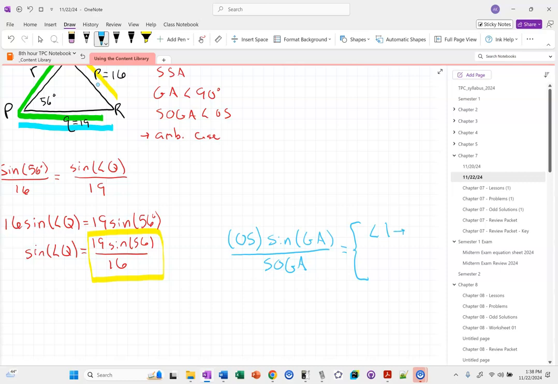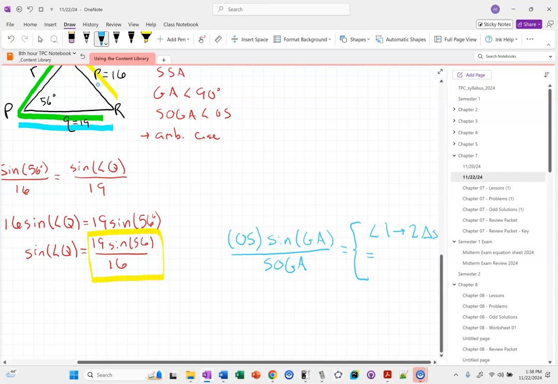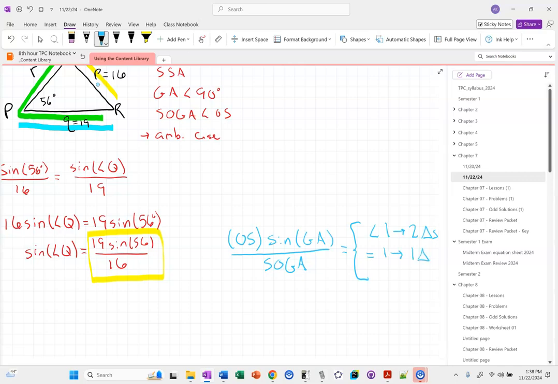So if that number is less than 1, it's 2 triangles. If it's equal to 1, it's 1 triangle. When I say equal to 1, I mean dead on equal. Like 1.05 is greater than 1. 0.999 is less than 1; it has to be dead on 1.